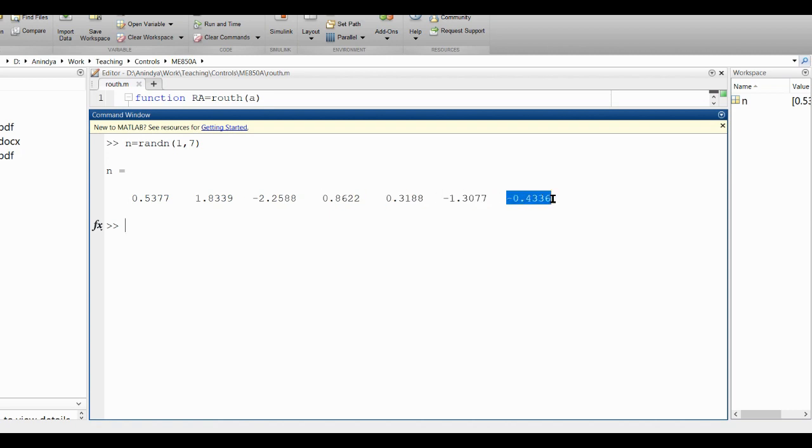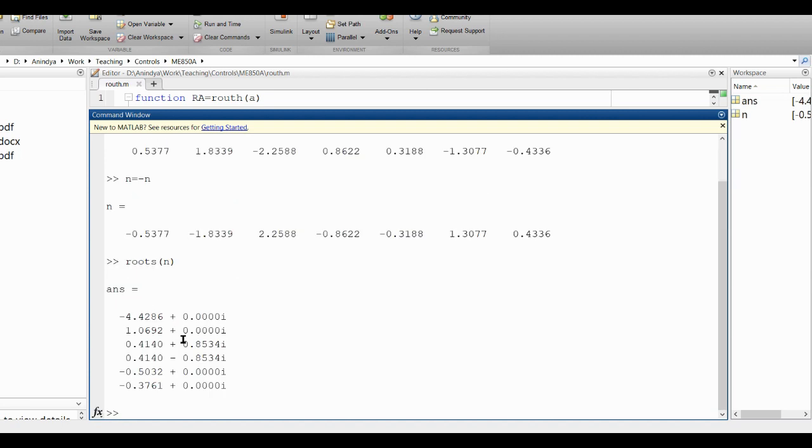All right, now we can say n equals minus n, and then now that's positive. I can make that 1 also, but it doesn't matter. I can say in MATLAB roots of n, and here it tells me that there are 3 roots in the right half plane out of 6.